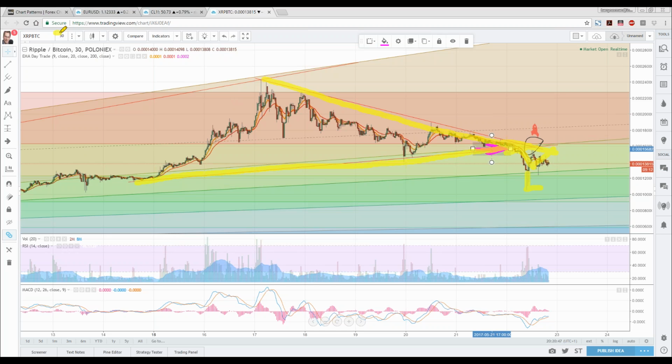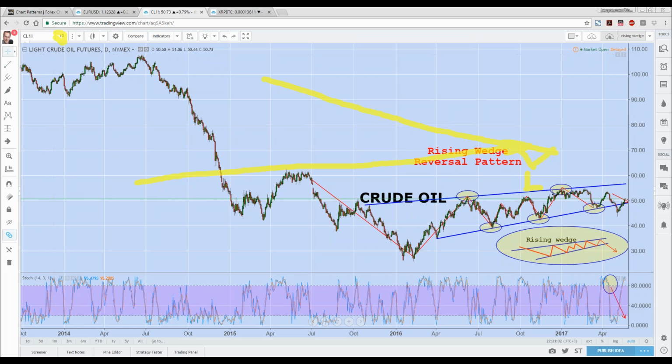Now here we're looking at a 30-minute chart. So if you were day trading or short-term trading, this would be the appropriate chart, and this would be the pattern you were looking at. With oil, we're looking at a one-day chart. So when you get your breakout, you're not expecting that price to move the full distance of the breakout or the momentum in 15 minutes or a half hour.